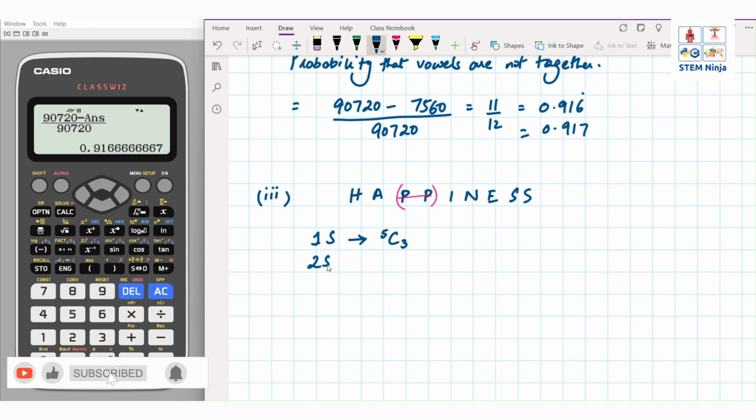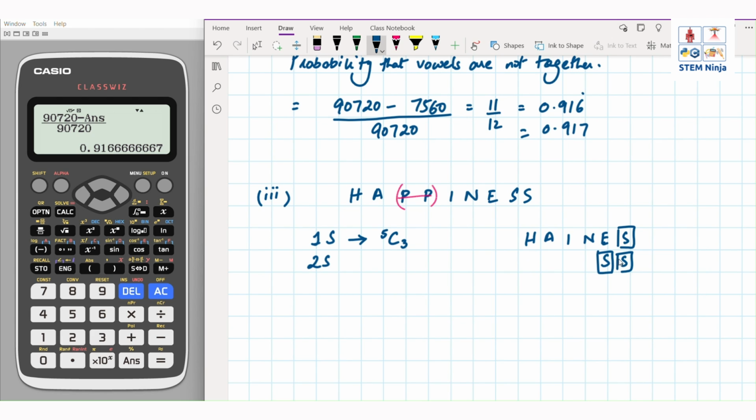So when we have 2 S's already there, out of these 5 letters, we can only choose two more.